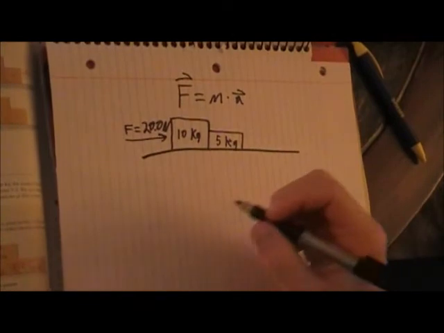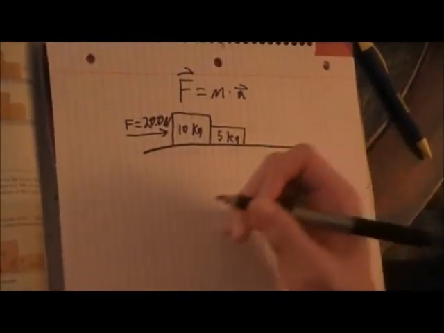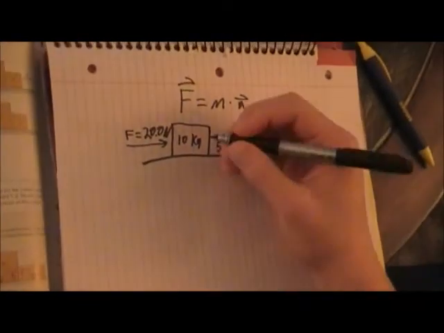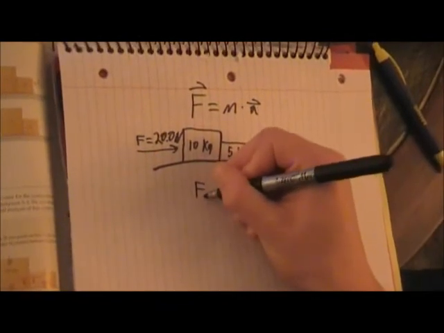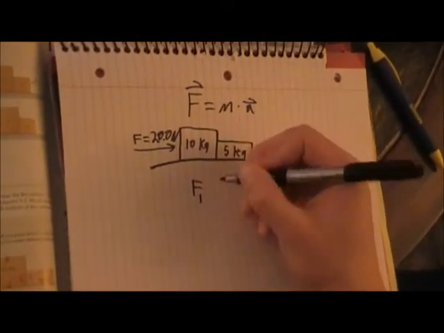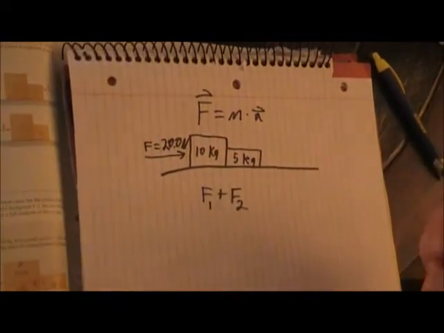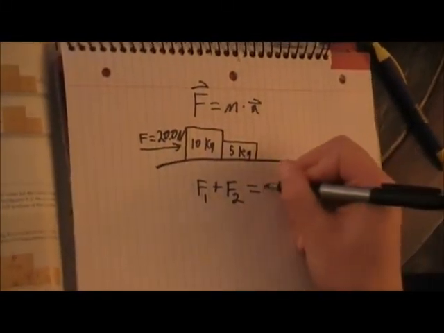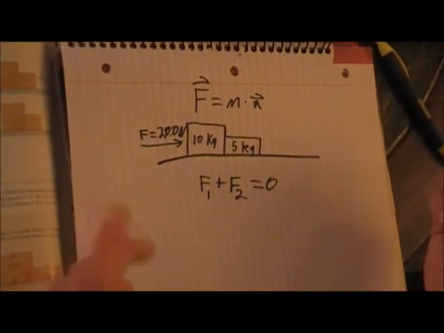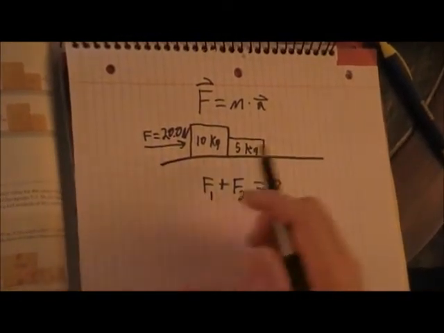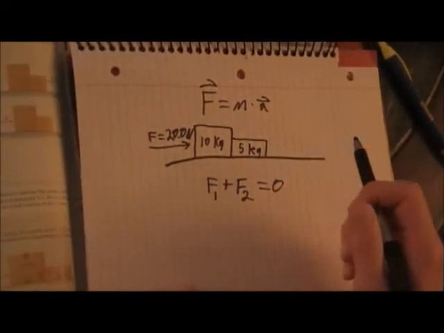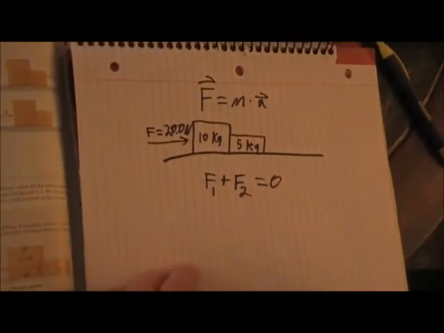So we have to find the net horizontal force first, and we see here that the force between these two boxes, force 1 of box 1 and force 2 of box 2, equal 0 here because they're not moving. But the only force that's actually doing anything is me pushing the boxes to the right.